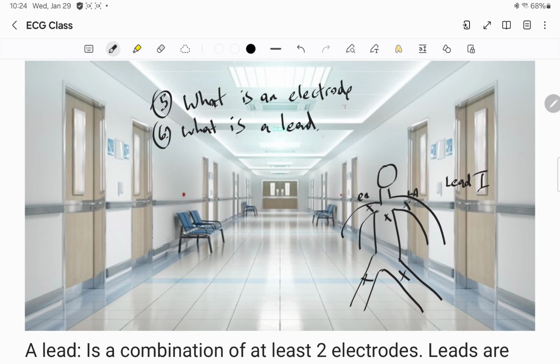So you don't put leads on a patient, you put electrodes on a patient. The machines are designed to combine the various electrodes, as they are programmed, to give you lead outputs. So all you have to do is place the various electrodes, and the computer will combine them in various ways to get the leads that you need. Okay, so that's the definition of leads.